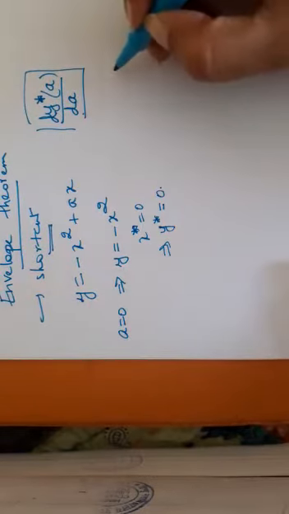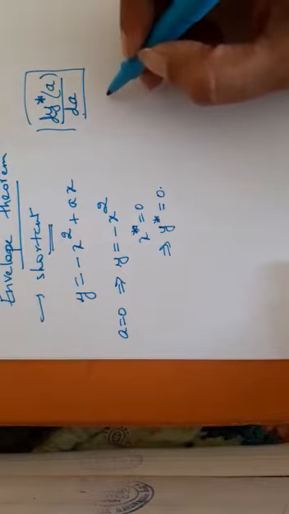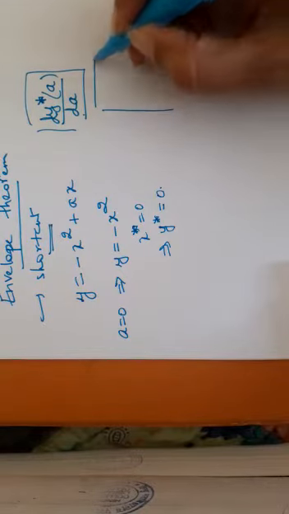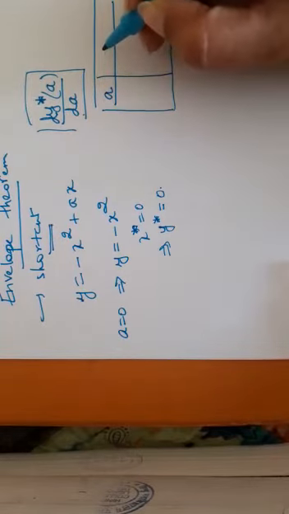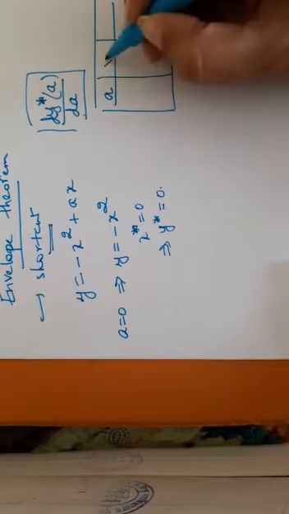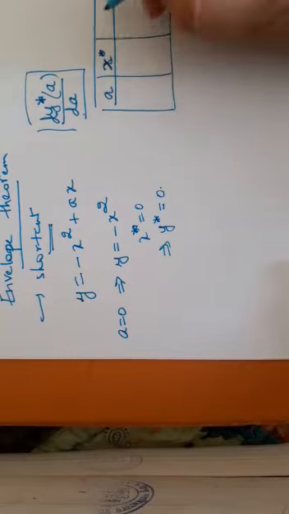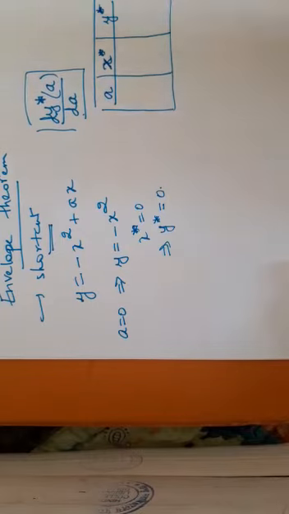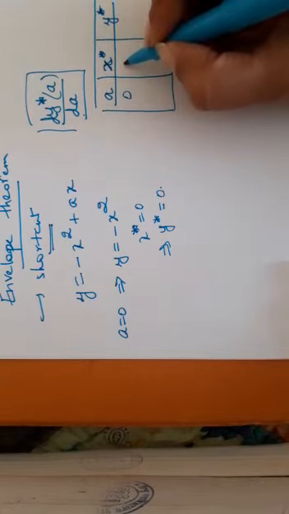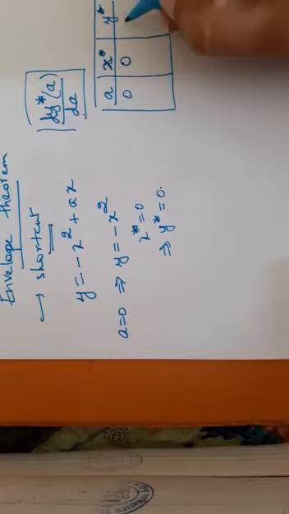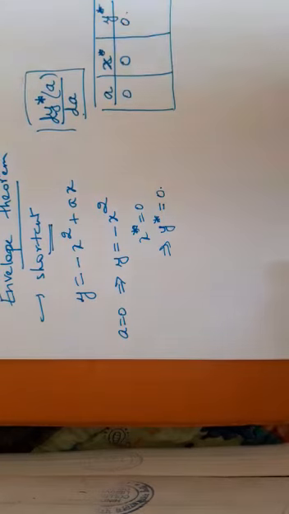Let's make a table here and just summarize these results. Let me put down the value of a that I'm taking first, then the optimal x star that I find, and then the optimal y star. So for a equal to 0, we got our optimum at x star equal to 0. That is where we had our max, and the optimal value is 0.